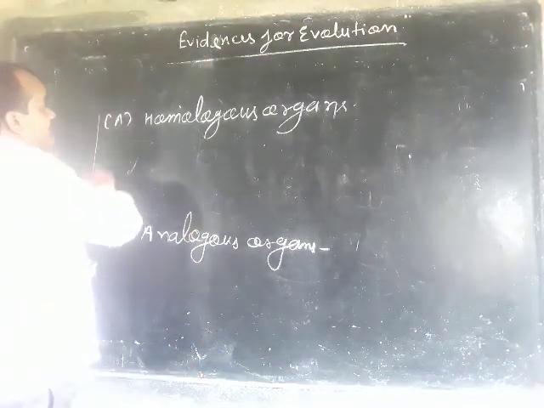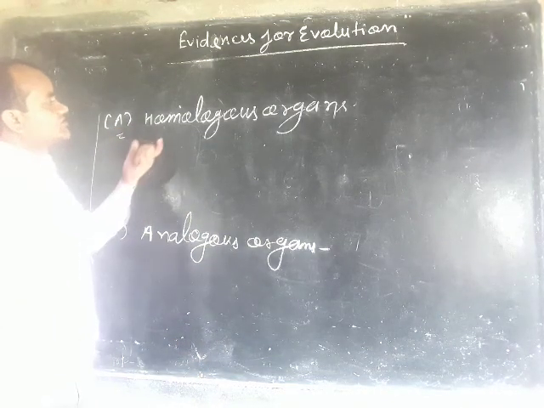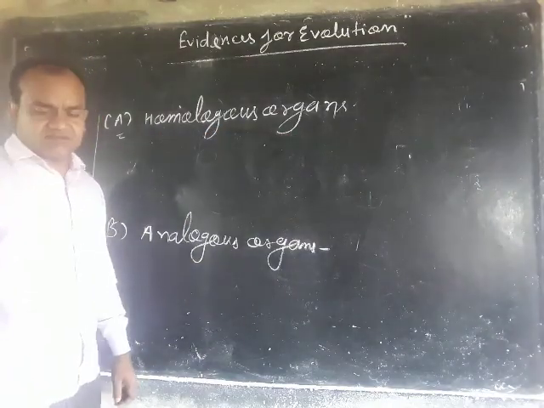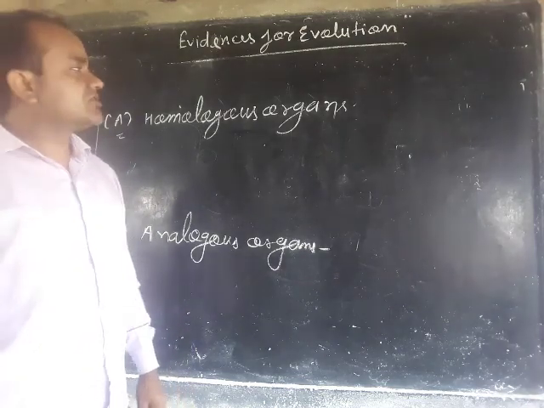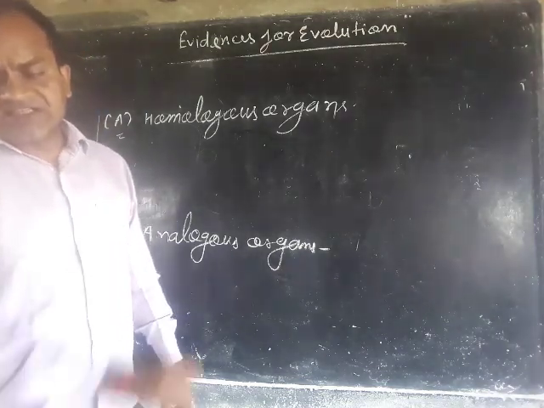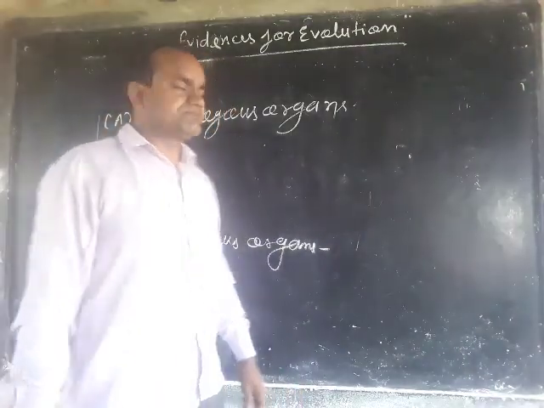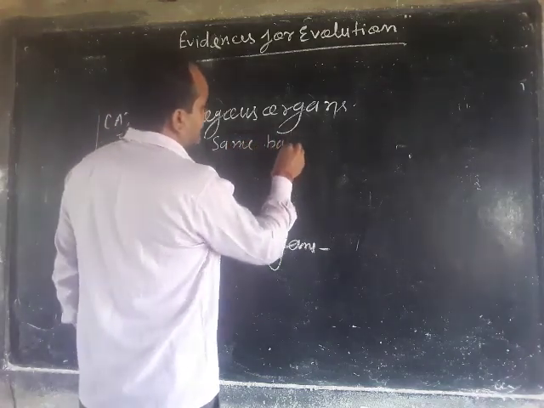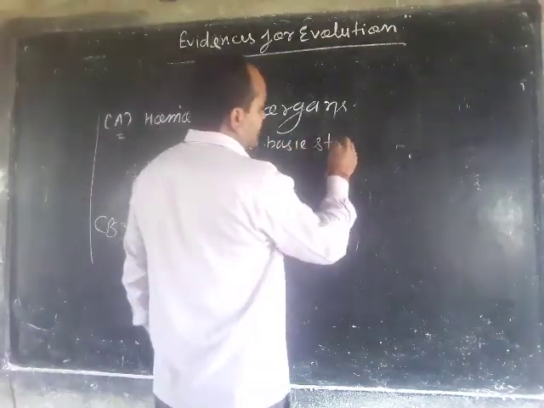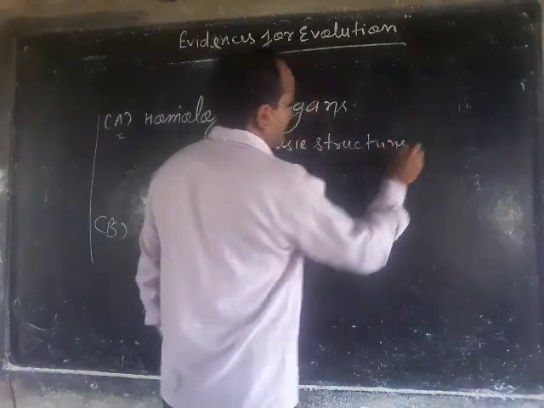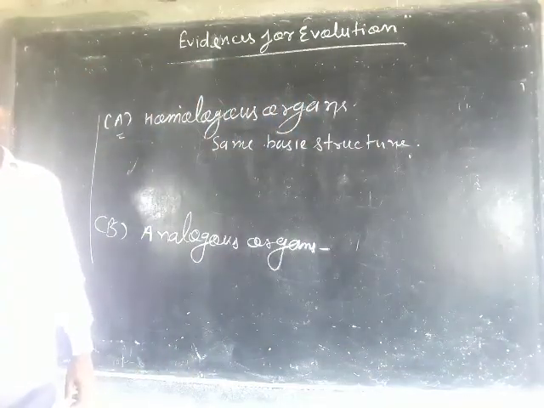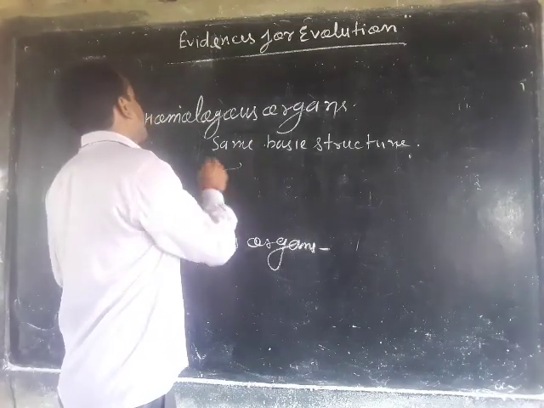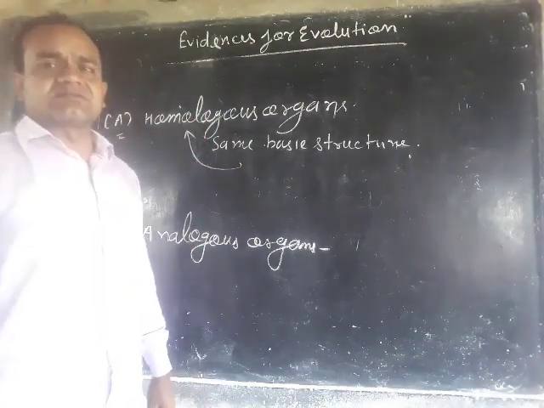First we will discuss the evidence from homologous organs. What are homologous organs? Those organs which have the same basic structure but differ in function are known as homologous organs.